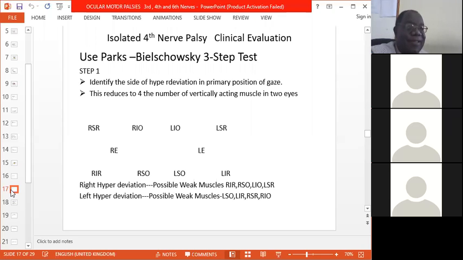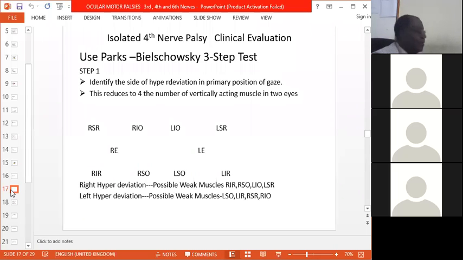Okay? And the reason is, if the right superior oblique is weak, the right superior oblique is normal, there is a slight elevation. The countering effect from the right inferior rectus is not there.